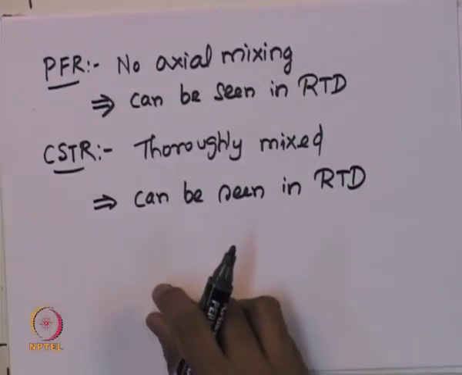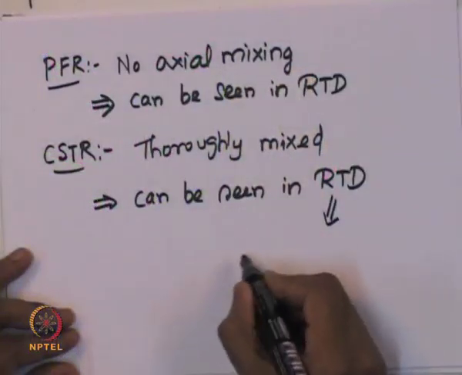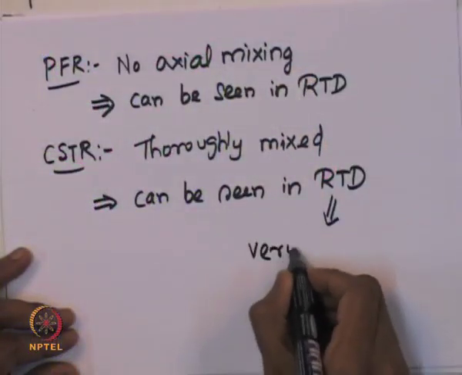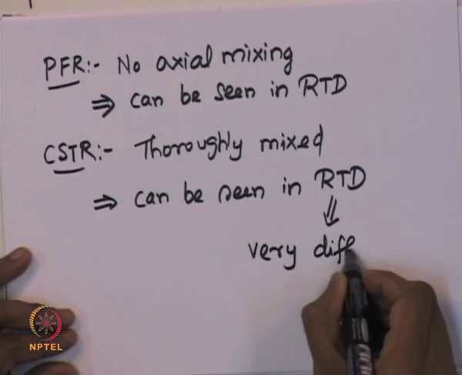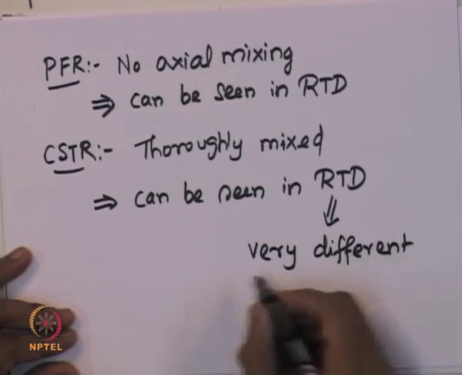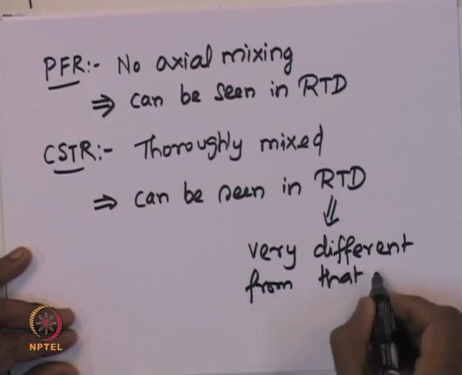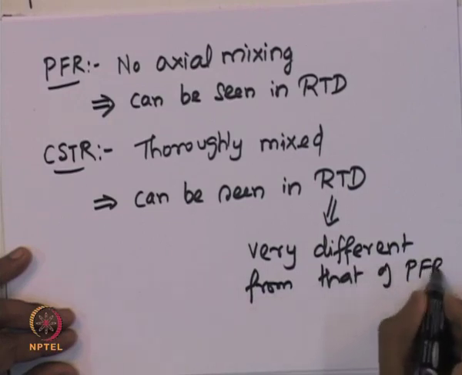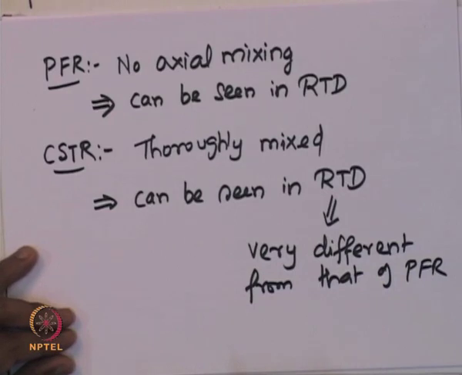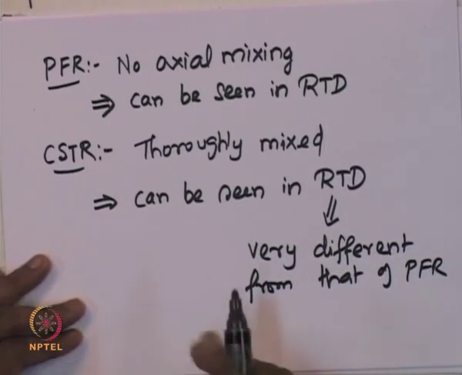In fact, one will observe, as we will see in one of the future lectures, that the RTD of a CSTR is very different from the residence time distribution of a plug flow reactor.